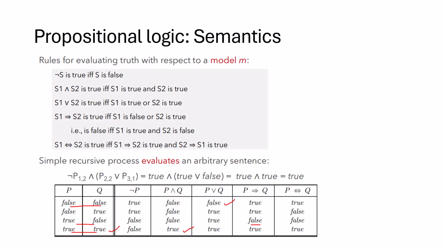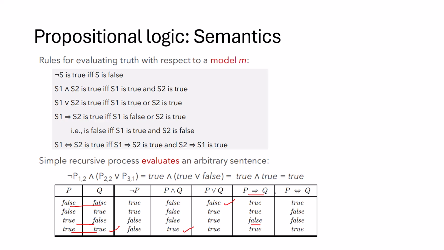If not, then we don't really care what the value of the construct is. This is important to understand. So p implies q means that if p is true, then I'm claiming that q is true.